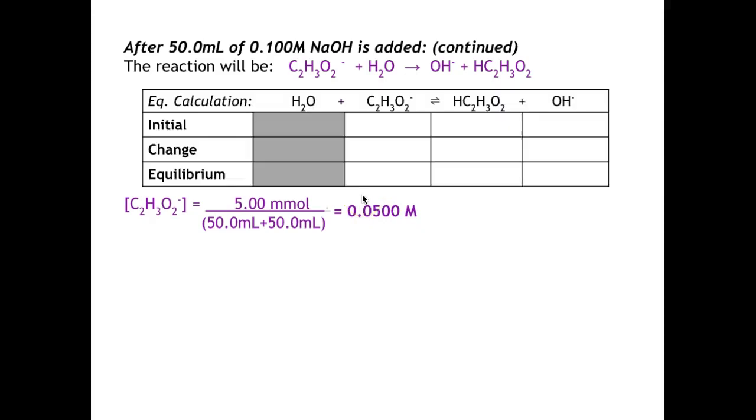So we're going to put this into an ice table. Water doesn't matter. We are going to have our conjugate base concentration, and we're going to have 0 and 0. So what's going to be acting in the solution?